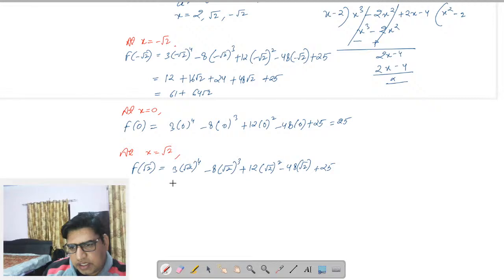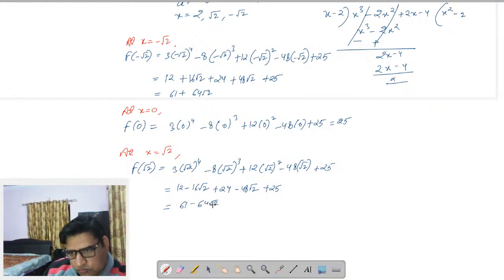So 4 into 3 is 12, and this will be minus 16 root 2, plus 24, minus 48 root 2, plus 25. How much will that be? 24 plus 25 is 49, 49 plus 12 is 61, and minus 64 root 2. So 61 minus 64 root 2.